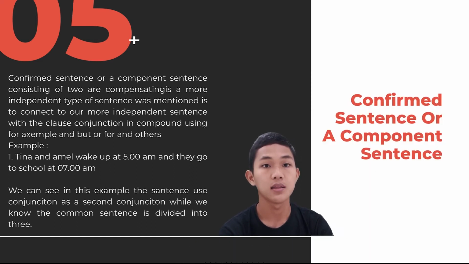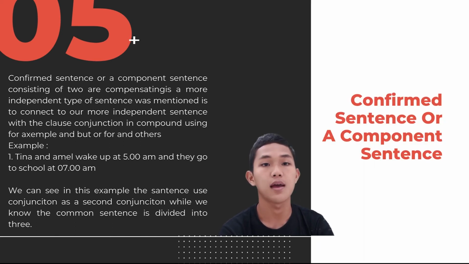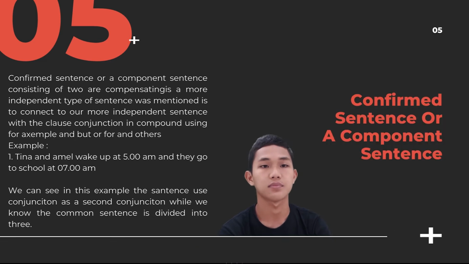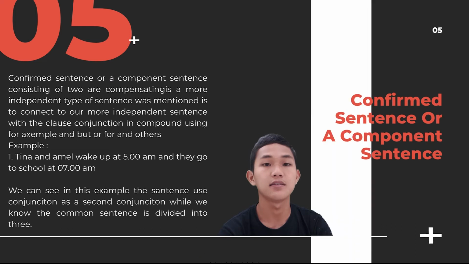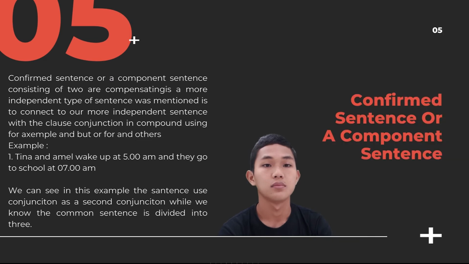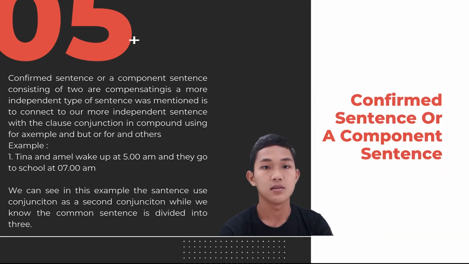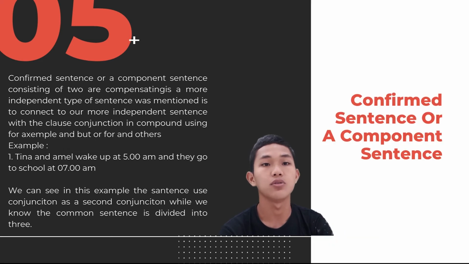Example 1. Tina and Amel wake up at 5 a.m. and they go to school at 7 a.m. We can see in this example the sentence uses a coordinating conjunction. The conjunctions in compound sentences are divided into three.